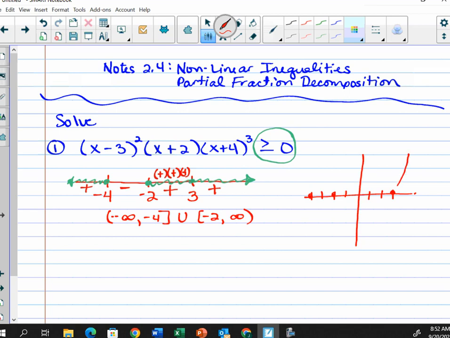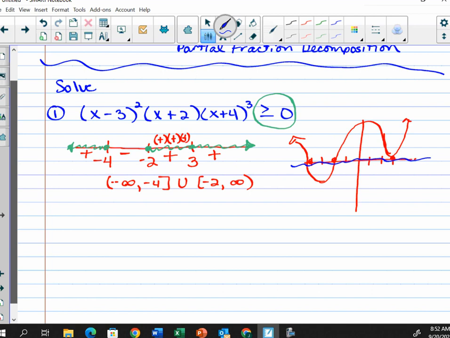I know it bounces here, crosses here, and you get an inflection point here. So do you see, if I'm asking when it's above the x-axis or on the x-axis, how that matches up with negative infinity to -4 and then -2 to infinity? So it's the same idea. If you really like graphing polynomials, go for it. Be aware of the number line though.